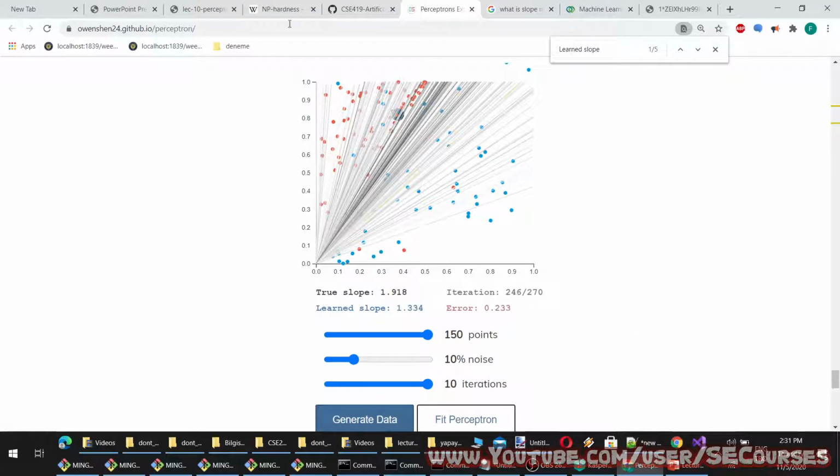You also see that it takes a lot of time with voted perceptron.